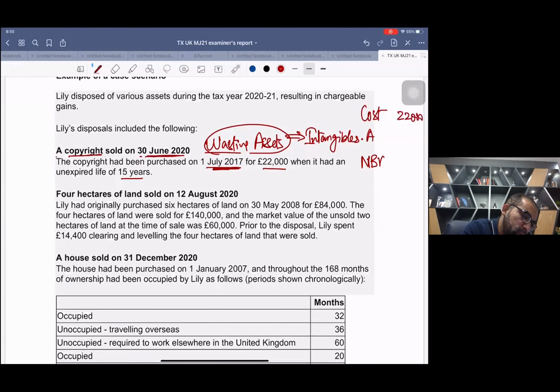The accumulated depreciation for 3 years is 22,000 divided by 15 multiplied by 3. Can anybody calculate 22,000 divided by 15 multiplied by 3?